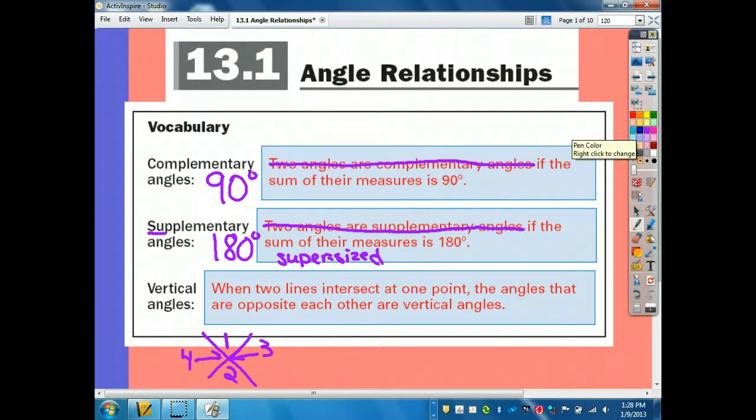Put those in different colors. If you want matching numbers, maybe draw it this way. 1 and 1, those two match. They are vertical angles. And 2 and 2. Vertical angles are equal. So whatever this one is, they're equal.